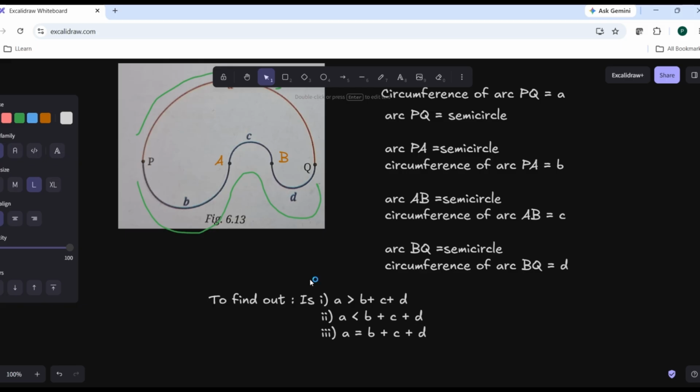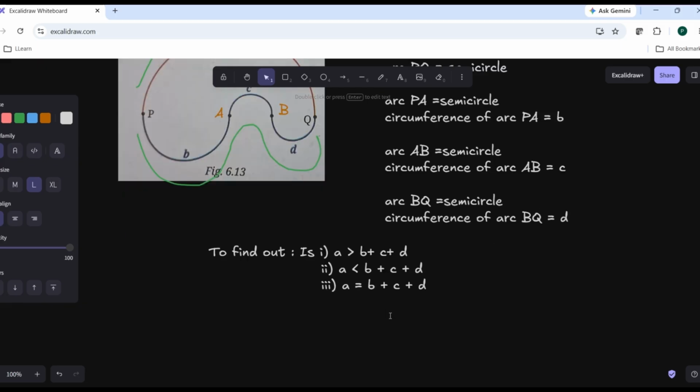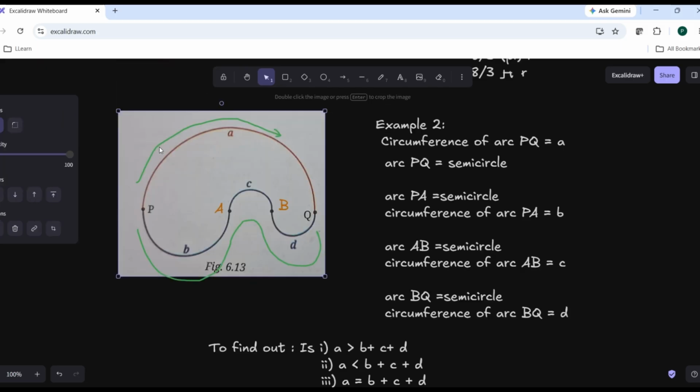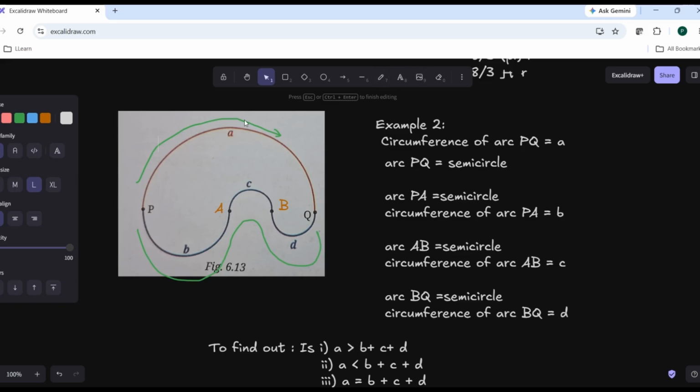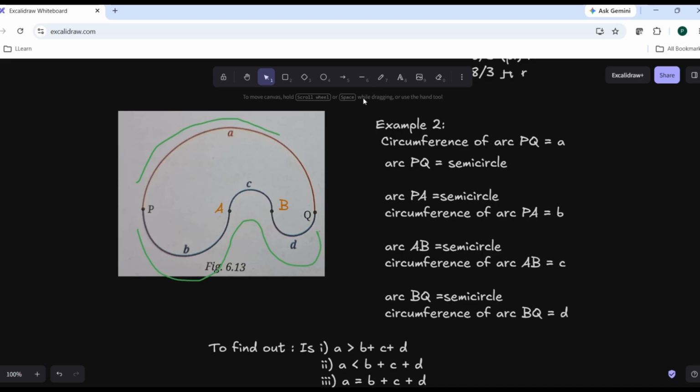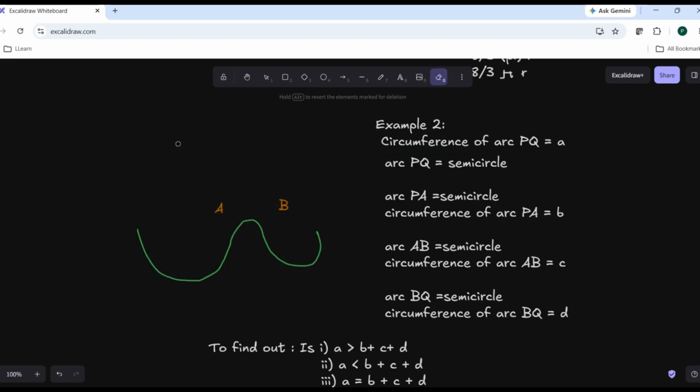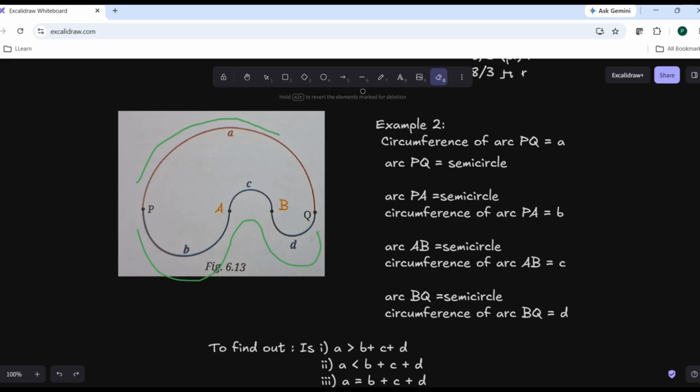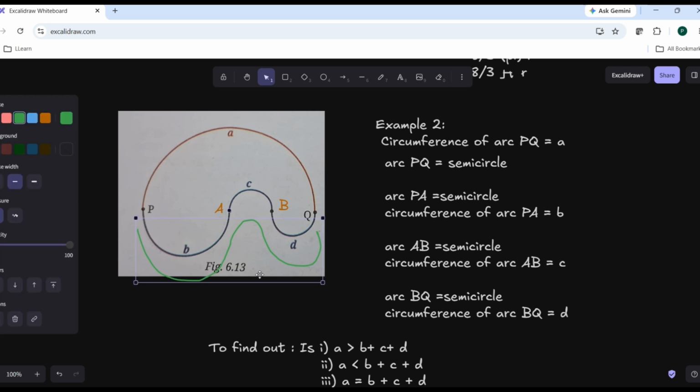To find that out, let me remove this. Oh my God, I removed the entire thing. Okay, I just wanted to clean up the figure.